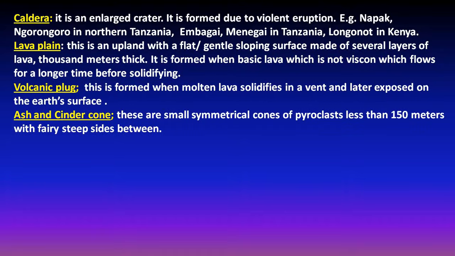Then ash and cinder cones. These are small symmetrical cones of pyroclast, less than 150 meters, with fairly steep sides. So we're saying ash and cinder cones are small symmetrical cones on top of these volcanoes, where the vents, the outlets of the volcanoes were.